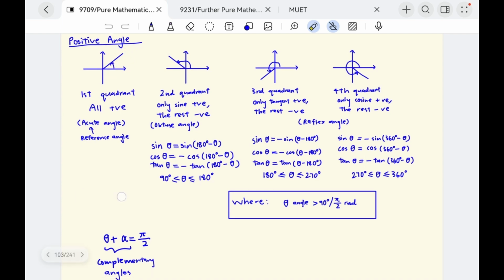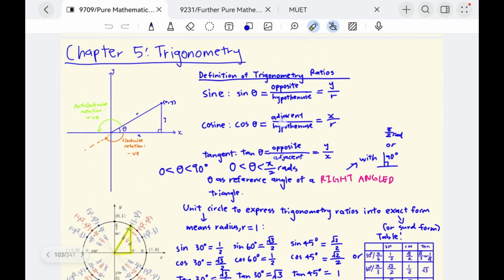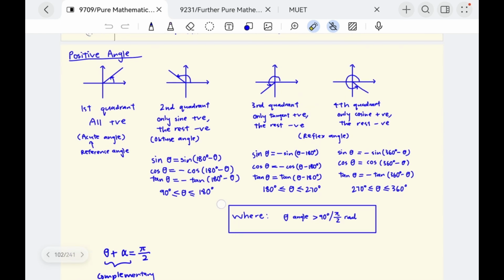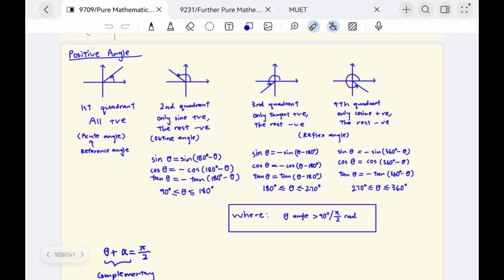As you know, we have learned the three trigonometrics, which are sine, cosine, and tangent. Now, this is to explain what happens to the sine, cosine, and tangent where their reference angle lies on a certain quadrant. So let's take a look at the first quadrant.